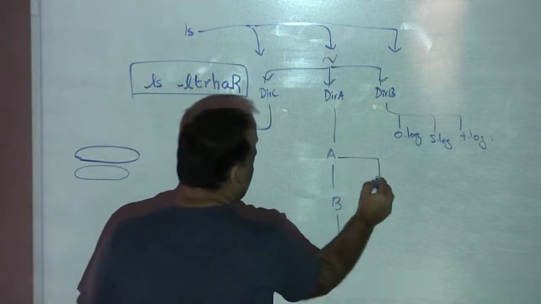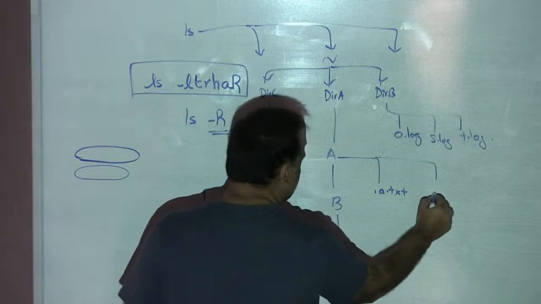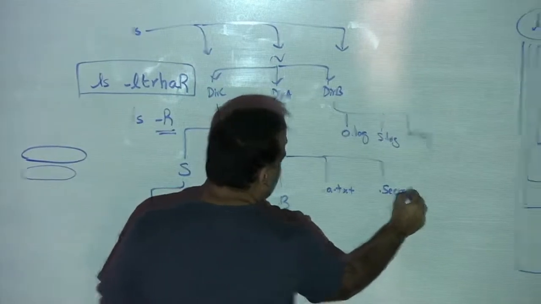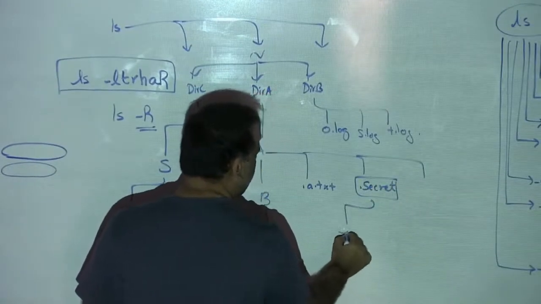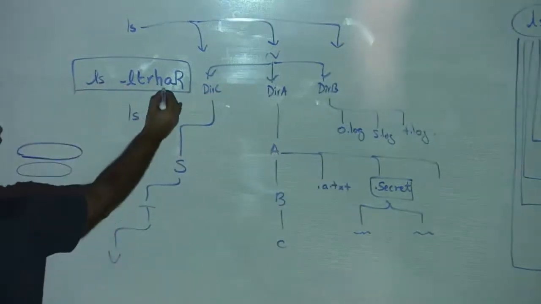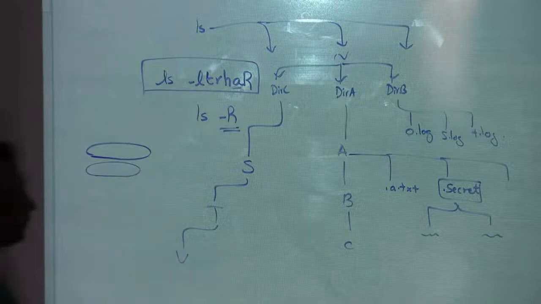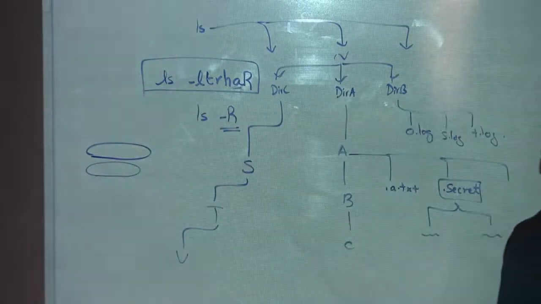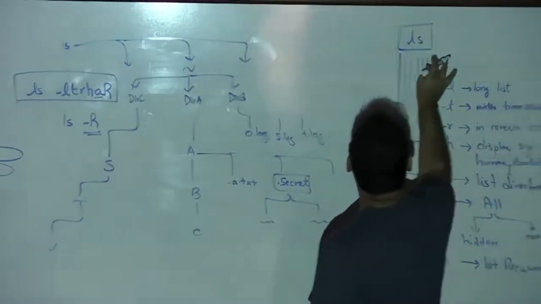Even if this one has a file a.txt, a directory called .secret, and this one has a bunch of files, it is going to list everything because why? We have said all and recursively. So these are some of the very basic options that the list command has, ls.